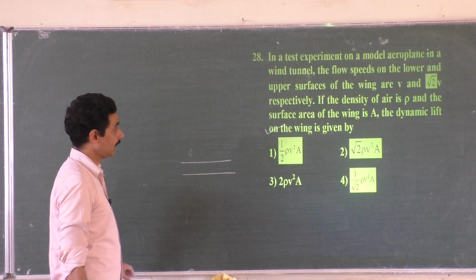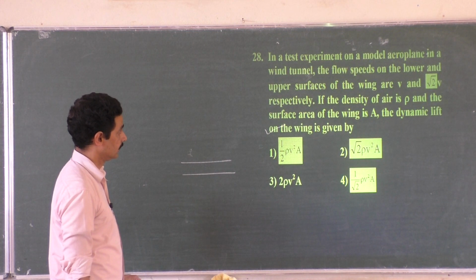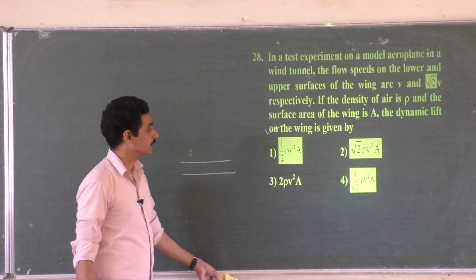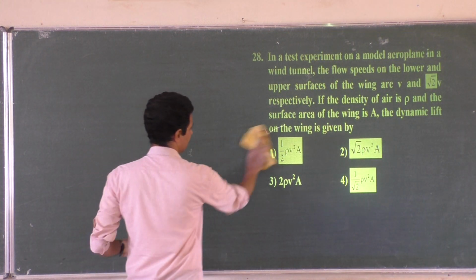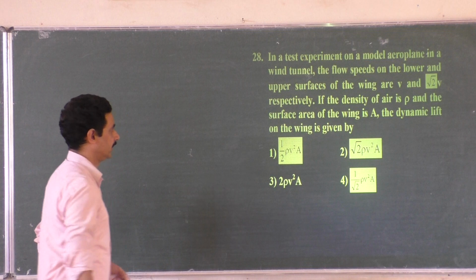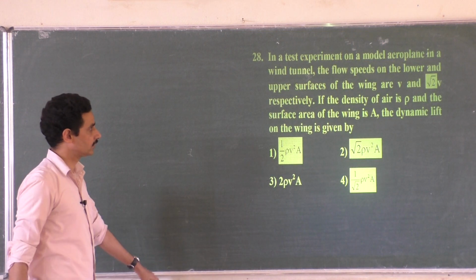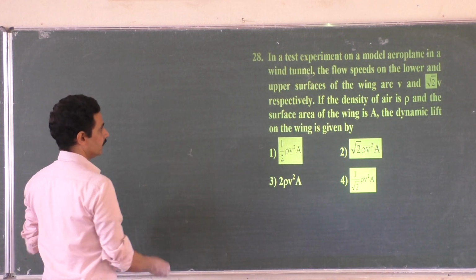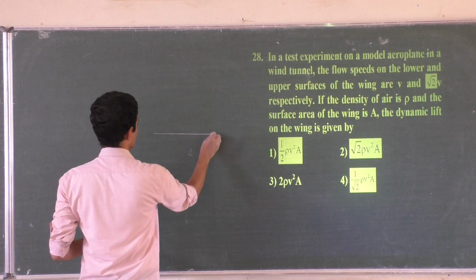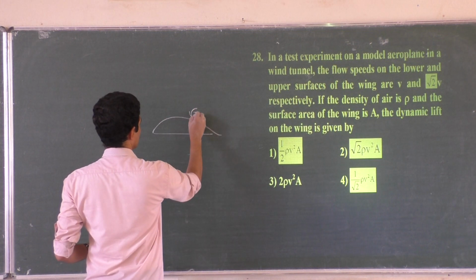28. In a test experiment, that means just a trial experiment, on a model of aeroplane in a wind tunnel, the flow speeds on the lower and upper surfaces of the wing are V and root 2V.